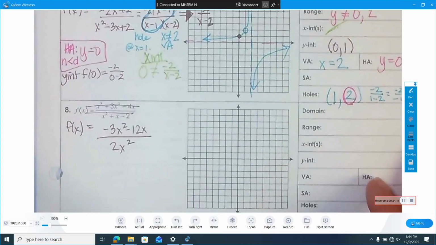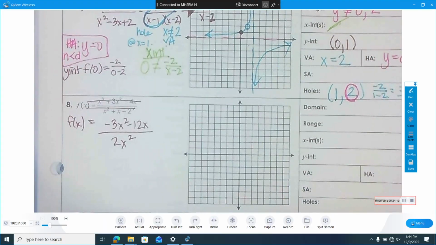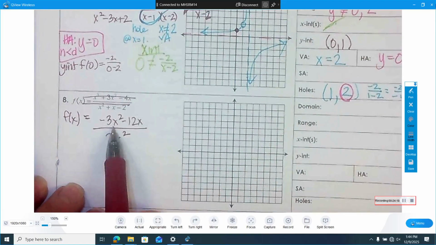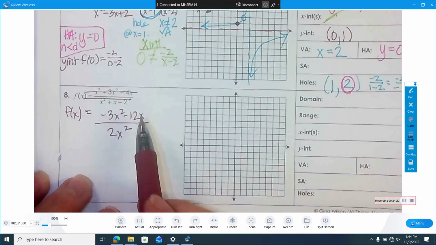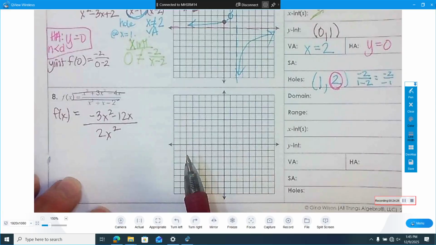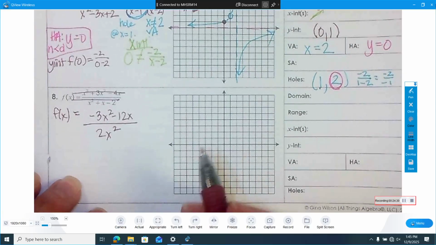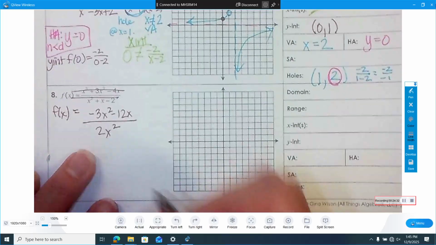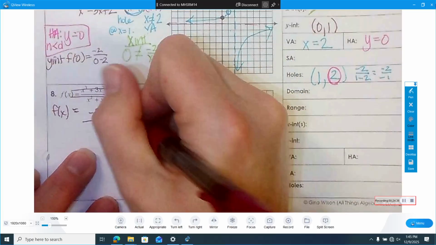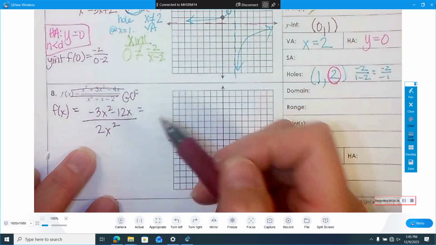Okay. So I have 2 more that are a little more complicated. We have negative 3x squared minus 12x over 2x squared. Before I get to horizontal asymptote, though, what can we do? GCF. All right, GCF.